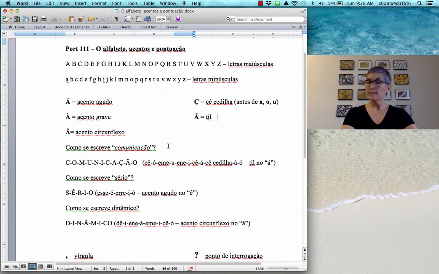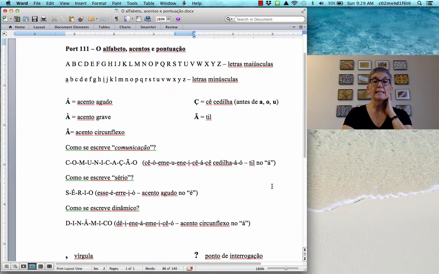So when you want to ask how you spell a word in Portuguese, you're going to ask, how does one spell comunicação, por exemplo, okay? Como se escreve comunicação? Notice the question, como se escreve? Como se escreve comunicação? C, so here you have how you pronounce the letters, okay? Então, C, O, M, U, N, I, C, A, C cedilha, A, O, til no A. So this is how you spell it, okay?